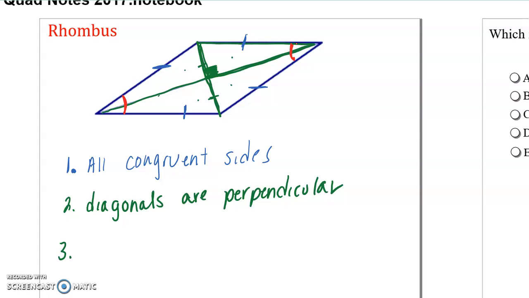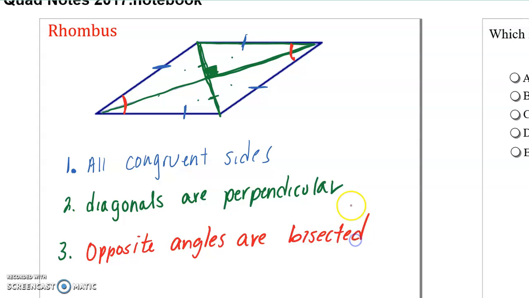Well, in a rhombus, opposite angles are bisected. So what now we do is that this angle and this angle and that angle are going to be the same. Okay, so now let's say remember we have a right triangle.